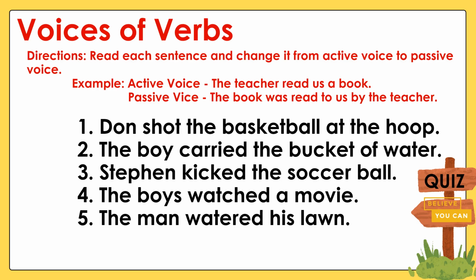Number 1, Don shot the basketball at the hoop. Number 2, the boy carried the bucket of water. Number 3, Stephen kicked the soccer ball. Number 4, the boys watched a movie. Number 5, the man watered his lawn.